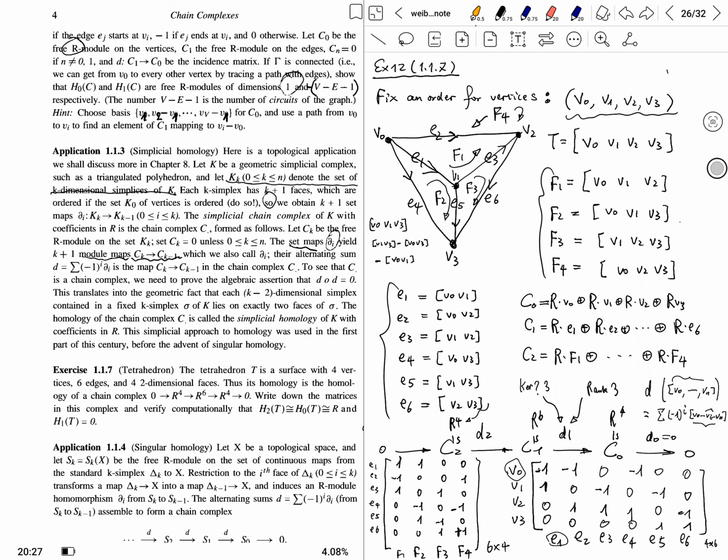Okay, so let's come back to this chain complex. Fix a basis, and then you get a matrix to describe it. One important thing is that if the coefficient R is a field, then the computation will be very easy, because this will be a chain complex of vector spaces.